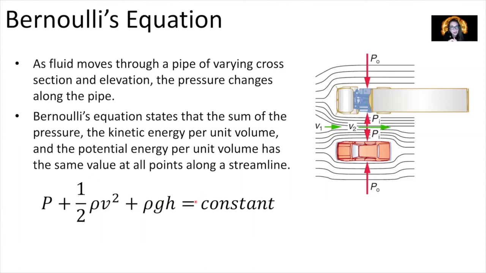If all of this still has to equal a constant, a number that does not change, and v goes up, so v squared goes up, and assuming everything is happening at the same level above the ground so this quantity here is unchanging, then the pressure has to go down in order for the sum of everything here to equal a constant number. So whenever you have a faster flow of fluid, you actually have a decreased pressure in that fluid.